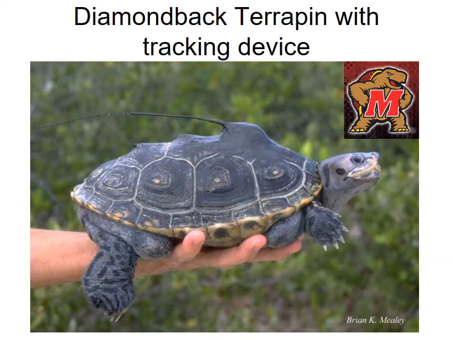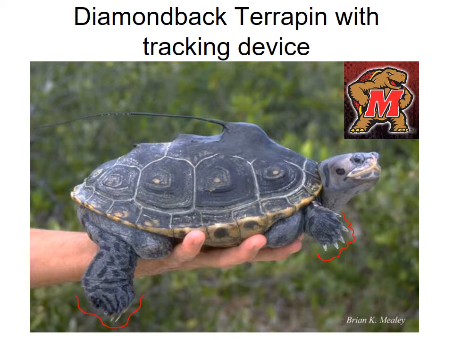One of the cutest animals that lives in a salt marsh is the diamondback terrapin. This is an interesting type of turtle that is most closely related to freshwater turtles. If you notice, it's got these sort of clawed, webbed feet that are not like sea turtles' flippers. You can tell that this is more like freshwater turtles.